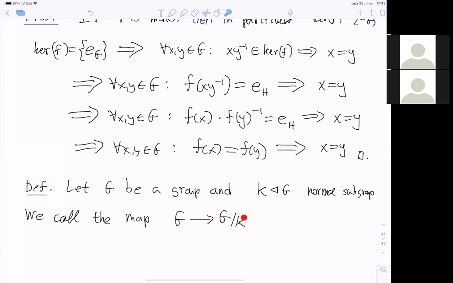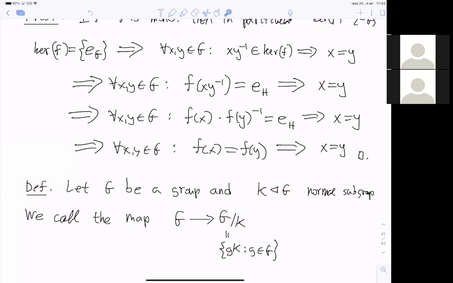Since K is normal, it's not only the quotient set, it's a quotient group. The elements here are gK, little g K. These are cosets, these are shifts of K. And it has a group structure because it's normal.